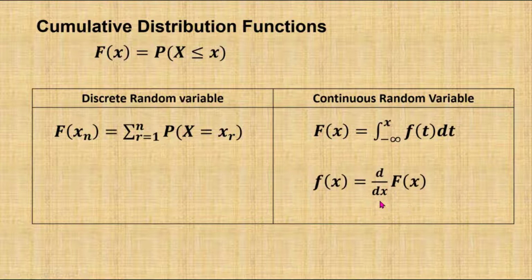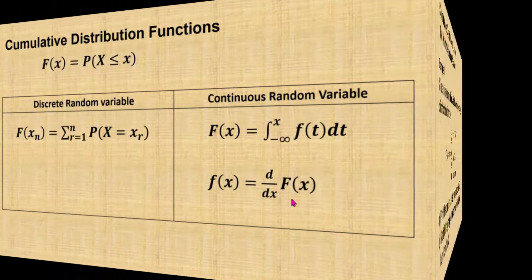Using the fundamental theorem of calculus, the continuous probability density function can be obtained by differentiating the cumulative distribution function.